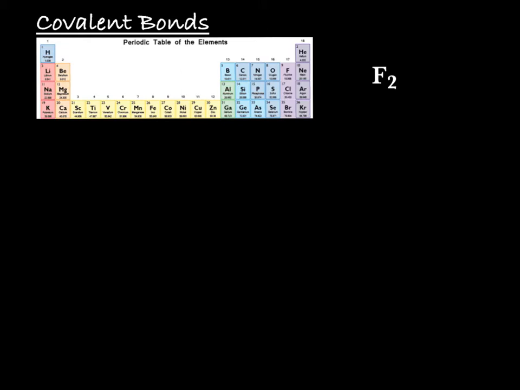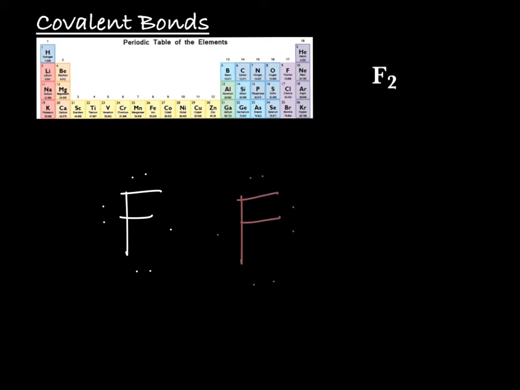And so I'm going to demonstrate that with fluorine. So fluorine bonded to itself. If you recall, one fluorine atom has 7 valence electrons. And so I'm going to draw my second fluorine in a different color to show the difference.